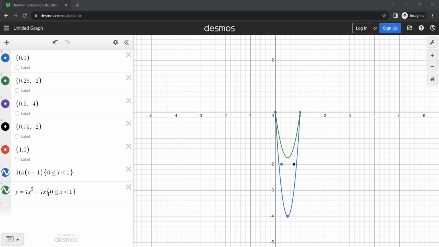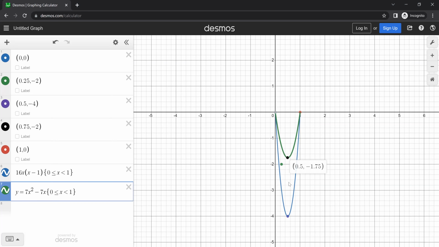All right. Now, the depth is the y value of the vertex. So which has the lower y value? It's the blue. Yeah. So what you want to get down on your paper there on the left is the two graphs.